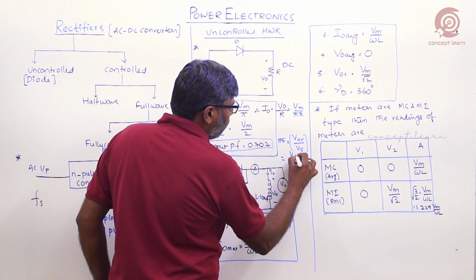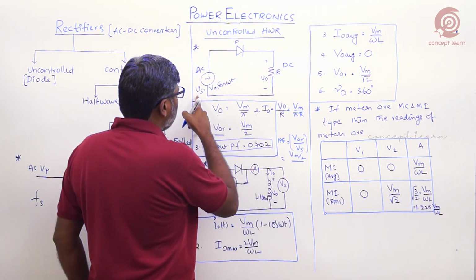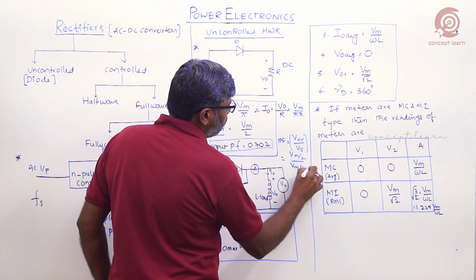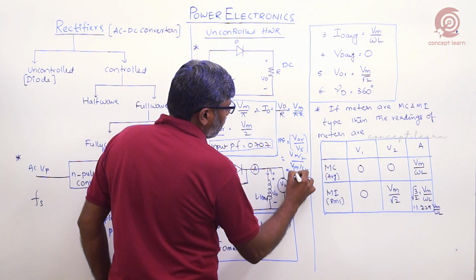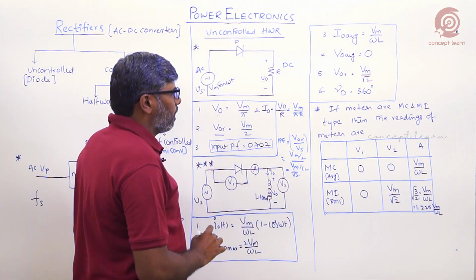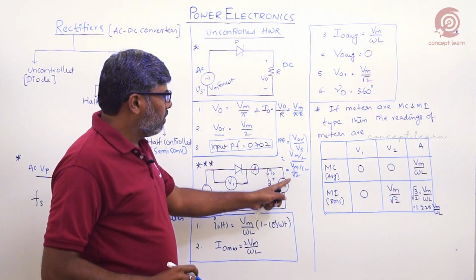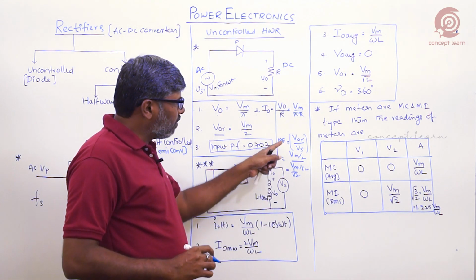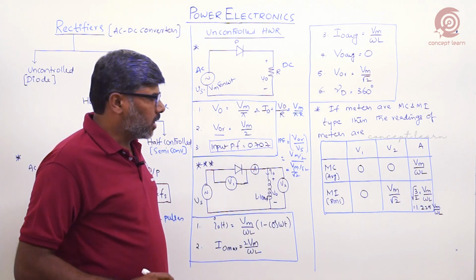We calculated already Vm by 2. Vs supply voltage. What is RMS? Our sinusoidal signal RMS is what? Vm by root 2. That is what we get here. It is 1 by root 2. So 1 by root 2 value is what? 0.707. In this way we calculate the supply power factor of the rectifier circuit.